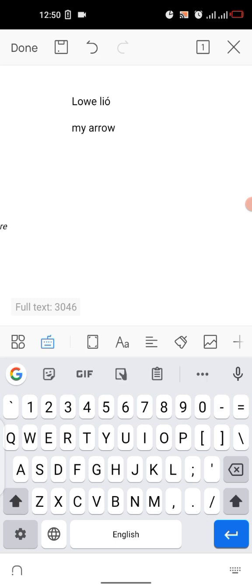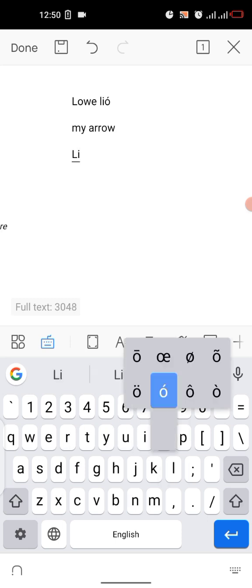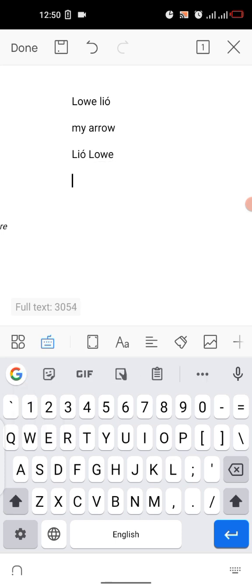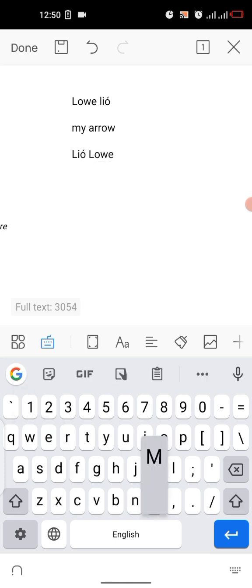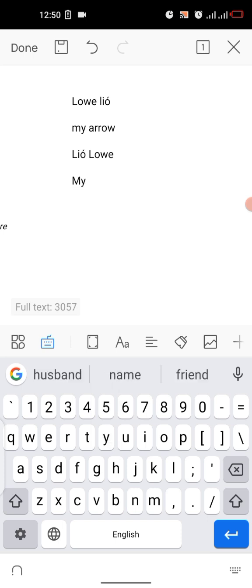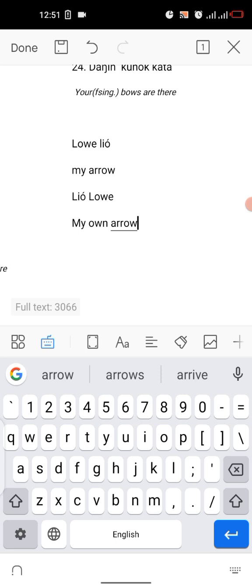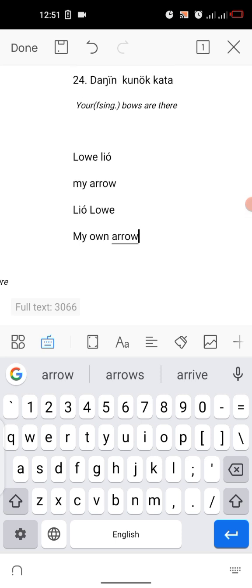But if you say leo lowe, it means my own arrow. So you need to master that. So this one applies to all the possessive adjectives. If you interchange, it will have another meaning.